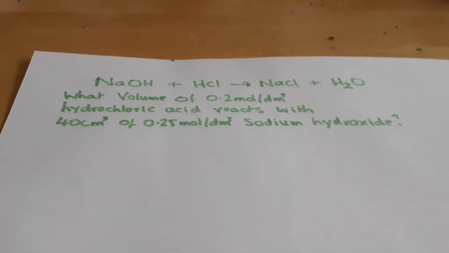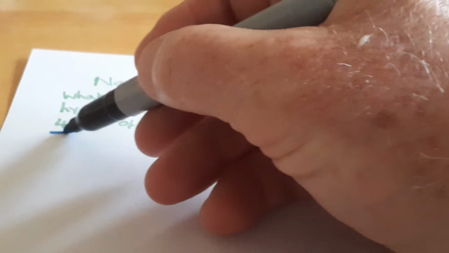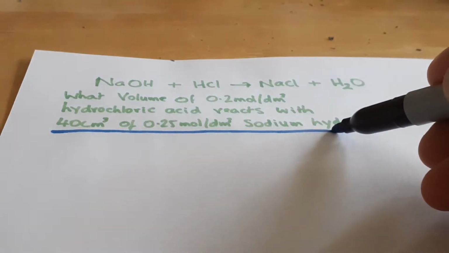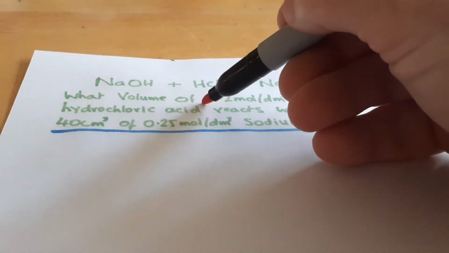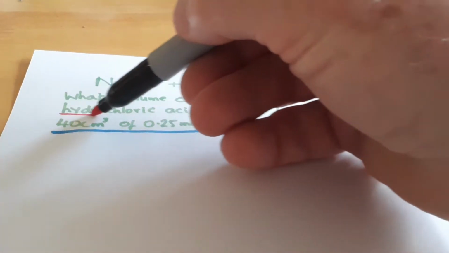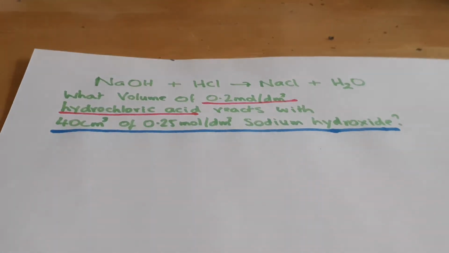First thing, sodium hydroxide is the most important reactant because we've got the volume and the concentration. Hydrochloric acid is what we've got to find. So those are the only two things that we are concerned with.